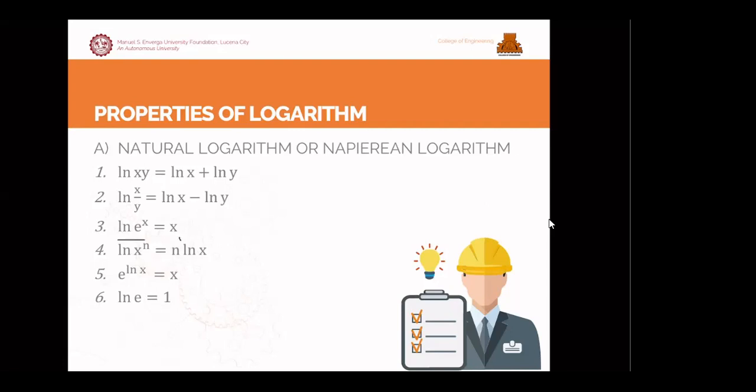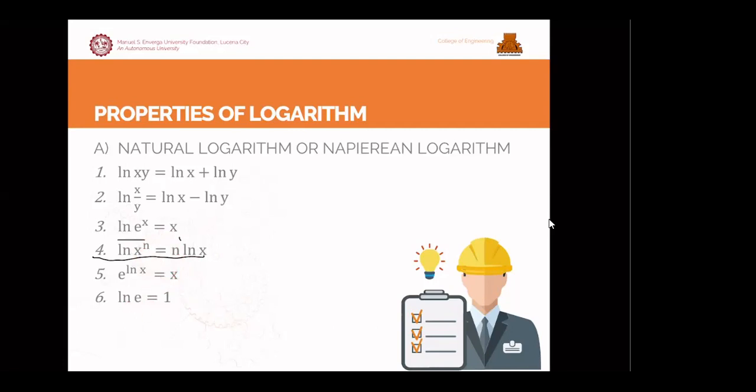Then ito, same lang din. Sa exponent, yung exponent nilagay natin as coefficient. And then yung number 5, if we raise an exponent by a natural logarithm, that will be equals dun sa mismong variable lang. And then natural logarithm of an exponential function is equals to 1.